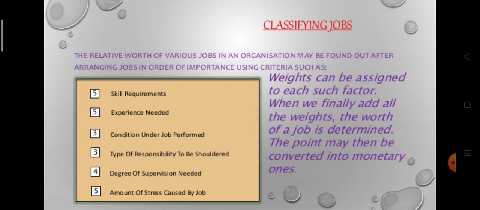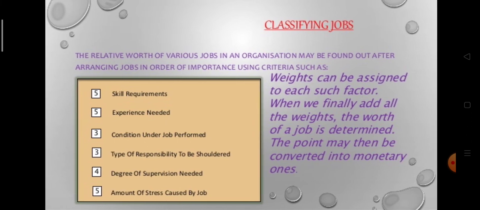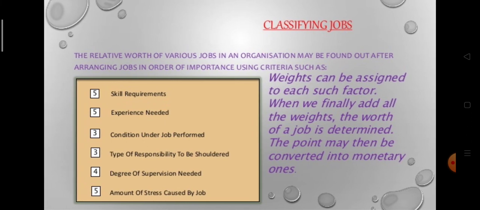In this stage, an organization conducts a survey of pay scales for the benchmark jobs in other organizations in the industry. We have to decide the basic salary or basic wage of that particular job. So we have to gather information on what the industry maintains, what basic salary is followed, all these things we have to survey, that is wage and salary surveys.